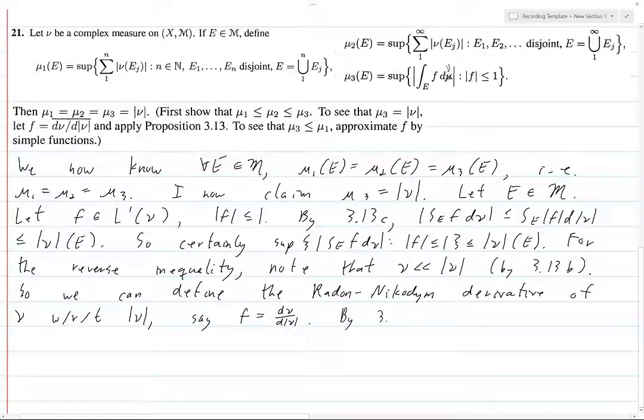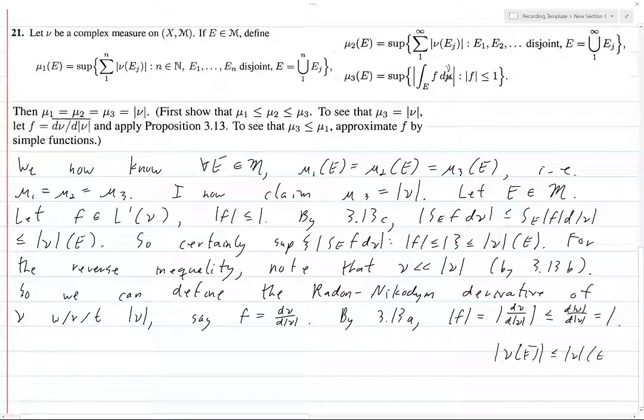By 3.13a again, if we look at the absolute value of f, this is d nu over d total variation of nu. Up on top we've got the absolute value of d nu, which is less than or equal to d total variation of nu over d total variation of nu, which is equal to 1. This inequality is by 3.13a, because the absolute value of nu of e is less than or equal to the total variation of nu of e.